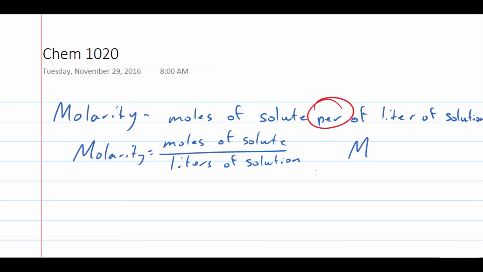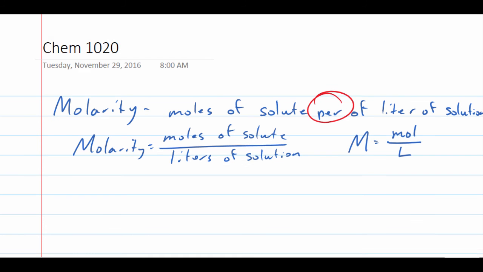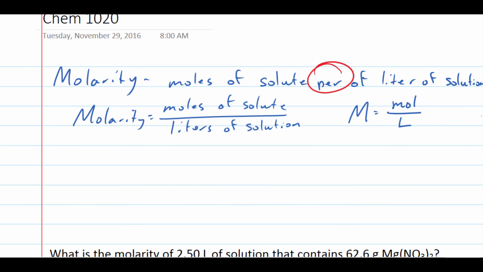And if we use an abbreviation, molarity is abbreviated with a capital M. You might remember that moles is abbreviated as mol, and liters abbreviated with L. So this is what our formula looks like. And you might be wondering, what are these things that we've been seeing on our labels throughout the semester?